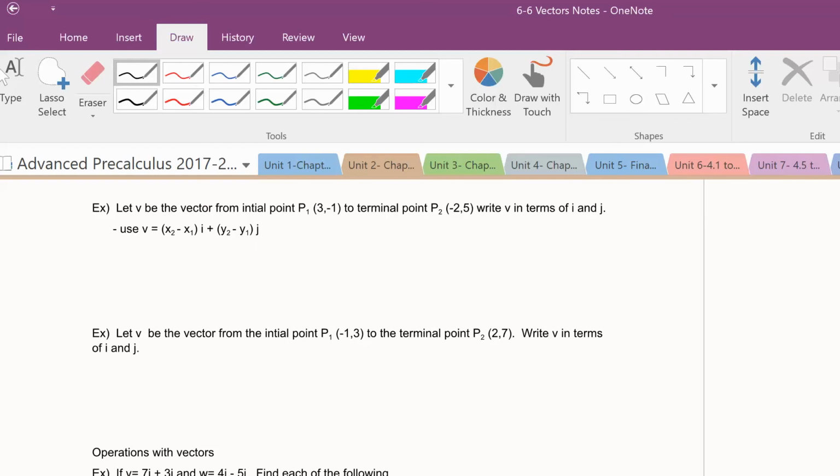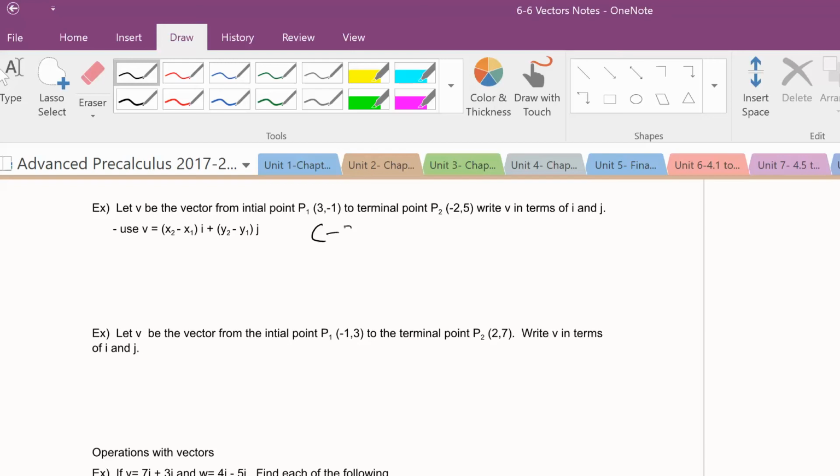So here we go. Here we're going to write these points in terms of a vector ai plus bj. So what we have to do first is subtract the x's.